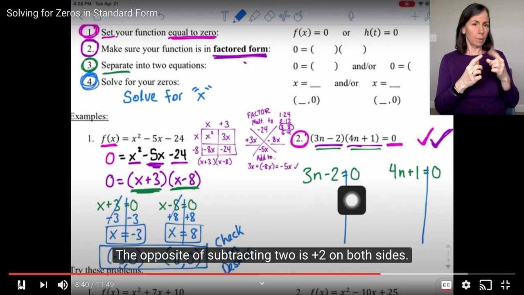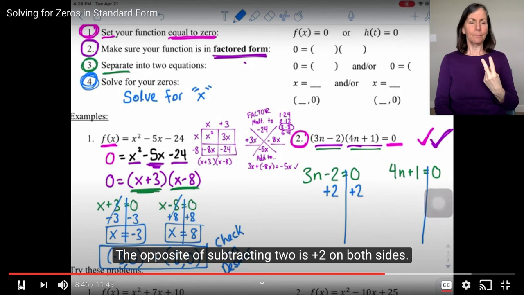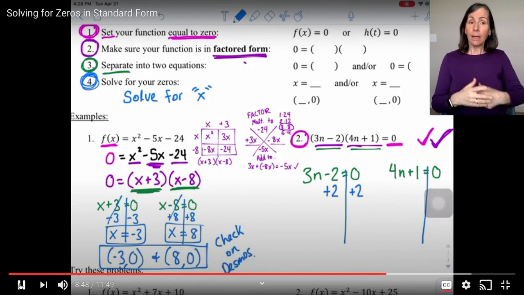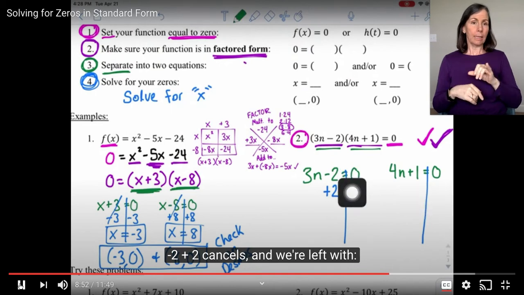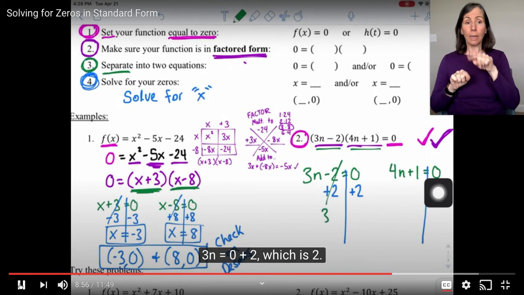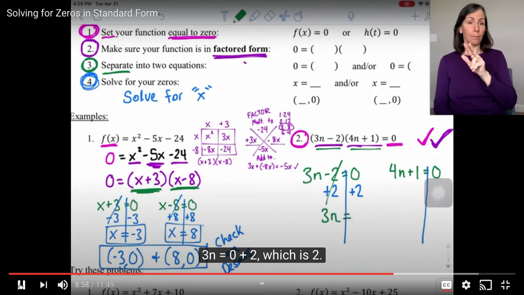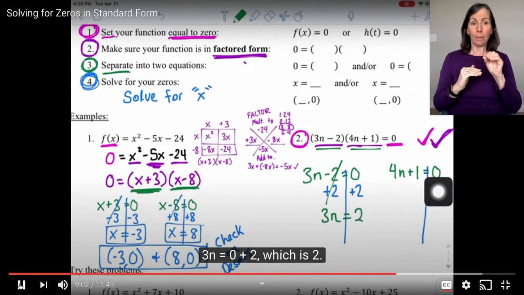The opposite of subtracting 2 is plus 2 on both sides. Negative 2 plus 2 cancels, and we're left with 3n equals 0 plus 2, which is 2.